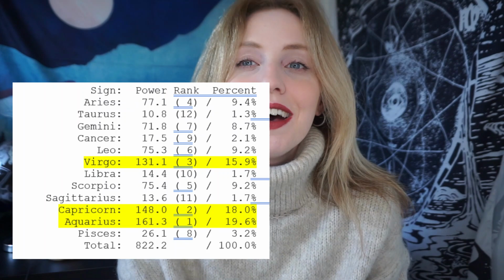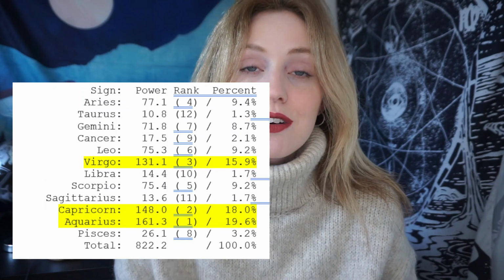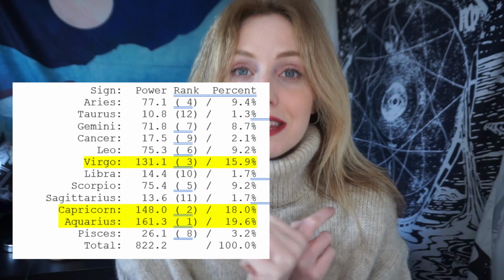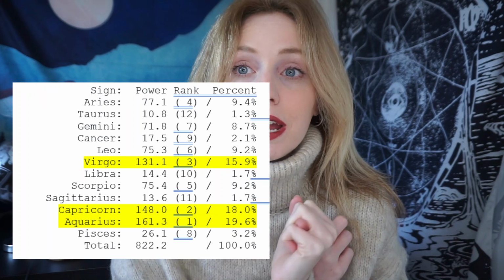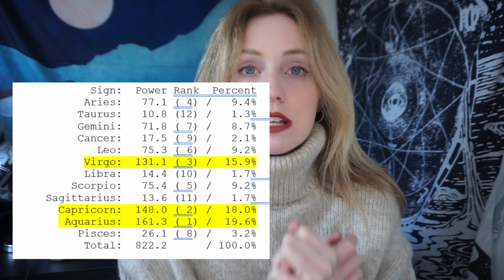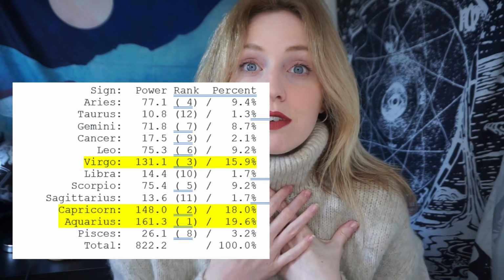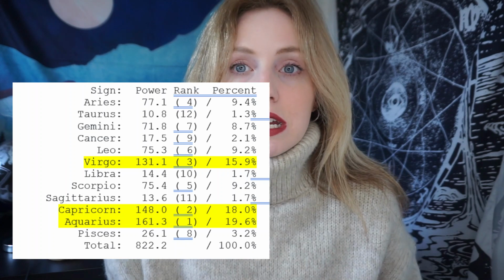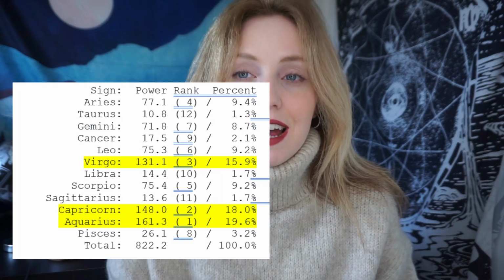So looking at my chart in real life, my dominant signs are Aquarius, Capricorn, and Virgo. These signs are very obvious to people I know. These signs are shown outwardly without me even trying, without me having to think about it. Especially given that Virgo is my rising sign and Aquarius is my sun sign.